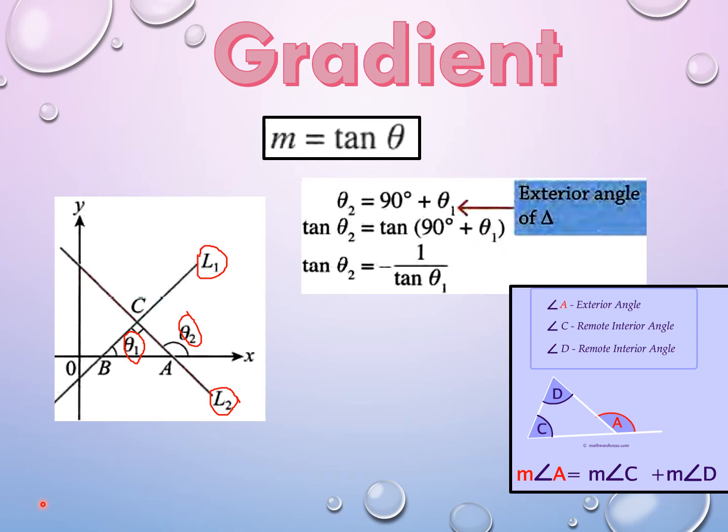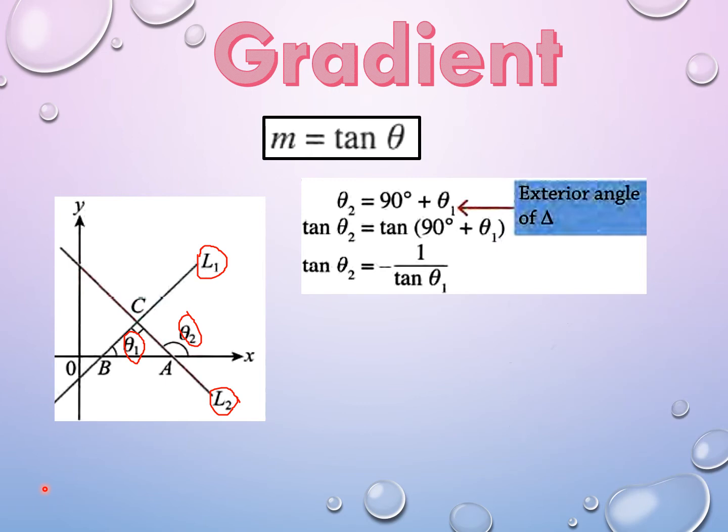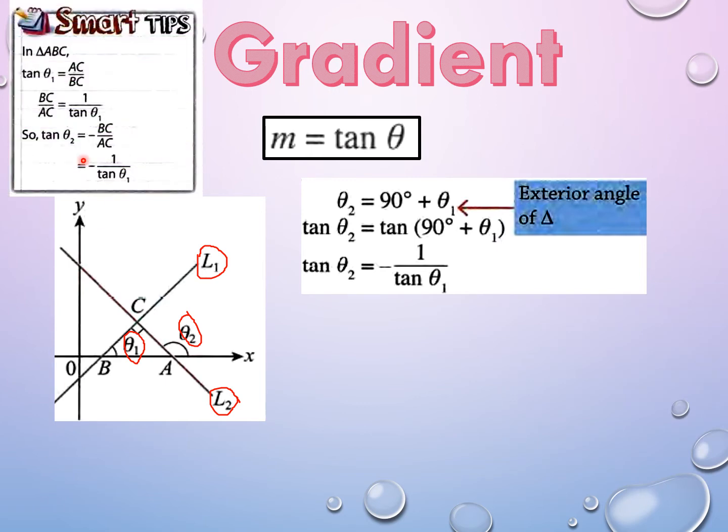Next, tangent theta 1 equals AC divided by BC, opposite over adjacent, where AC is opposite and BC is adjacent.